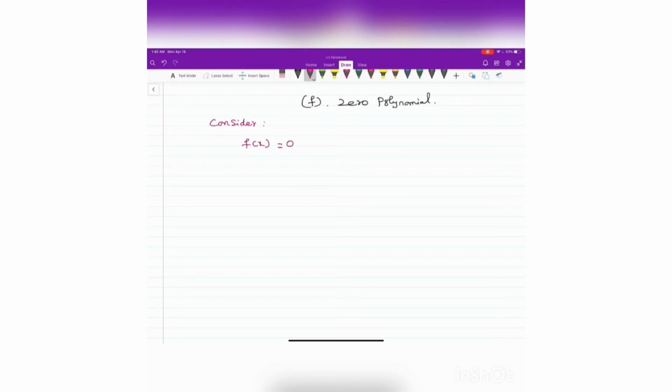I can write this as f of x is equal to 0 into x power 0, or f of x is equal to 0 into x, or 0 into x power 5, or 0 into x power 15. In whichever way I write, I am going to get f of x is equal to 0.